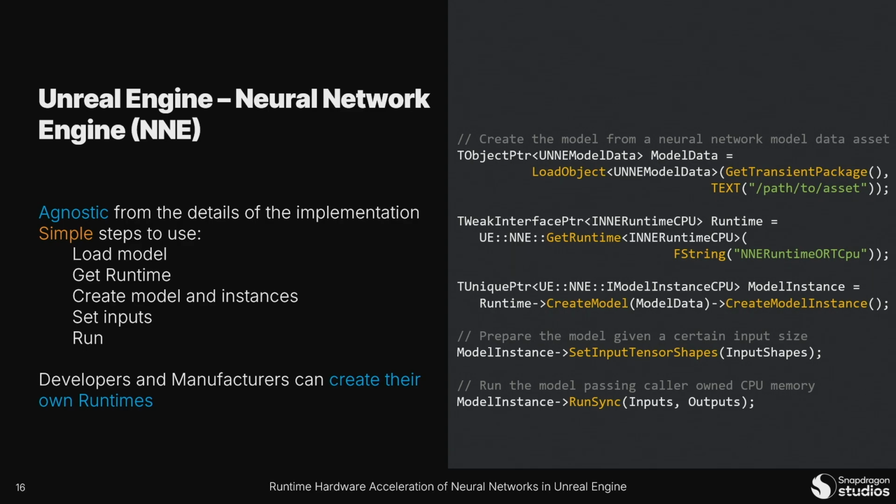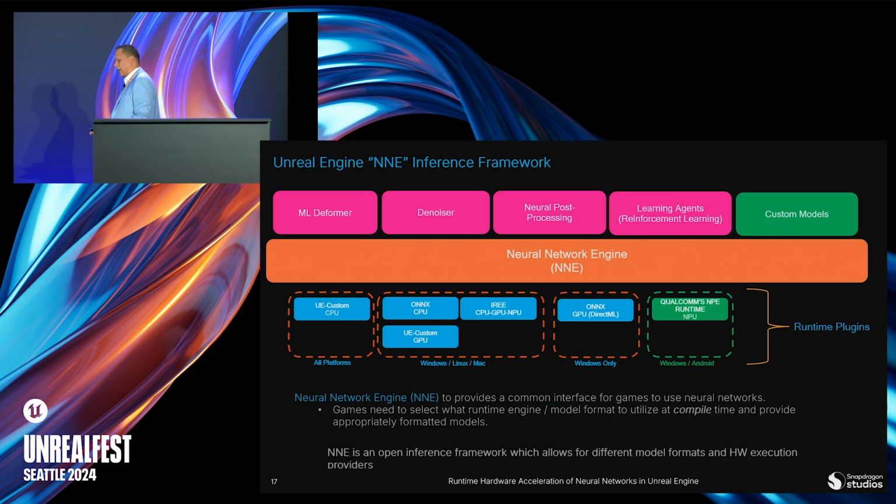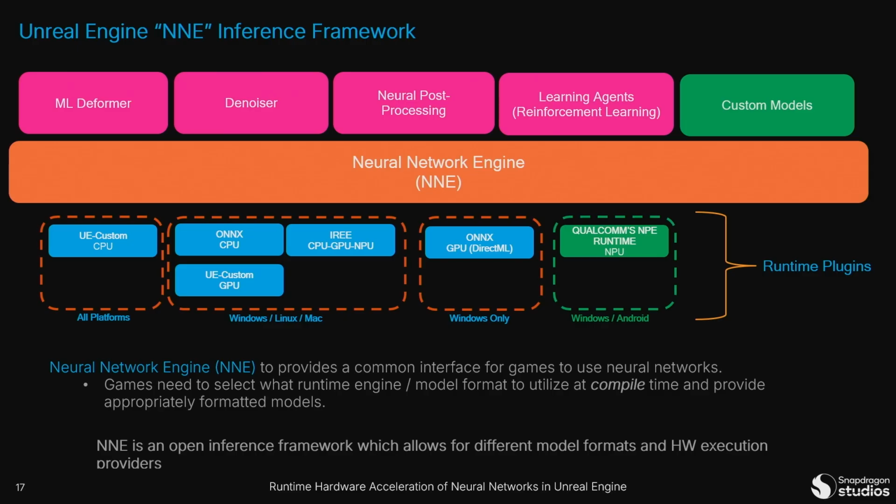So developers and manufacturers can create their own runtimes, as we did. Here, there is an example of different users of NNE. We have the ML deformer, we have learning agents, we have the denoiser, and those use different runtime implementations which are provided via plugins. For instance, learning agents uses the custom CPU runtime, and we created our own plugin, our own implementation for Qualcomm Snapdragon devices, which implements the Qualcomm SDK.